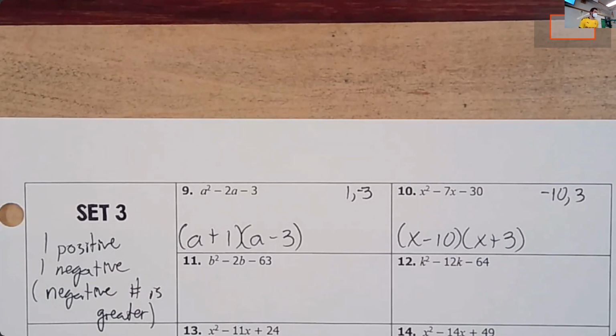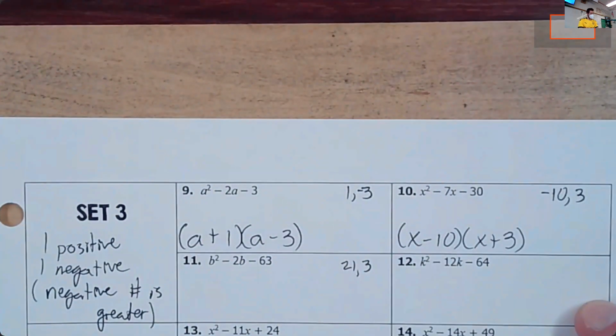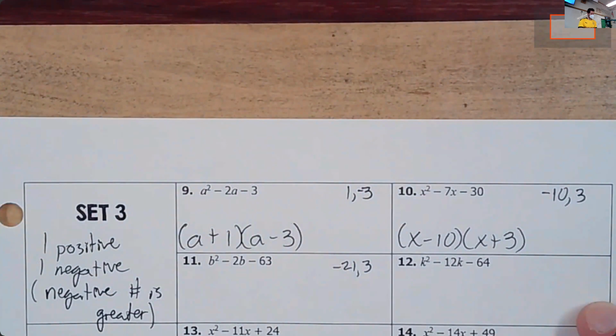It's one of the lesser used ones, I think, but still there. What do we think? Those are factors of 63, so we can try that. 21 and 3. The greater one has to be the negative. So -21 plus 3 would be -18. So that doesn't get us to -2. So we tried one pair. That one didn't work. What else?